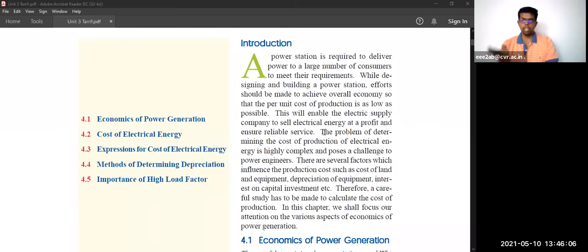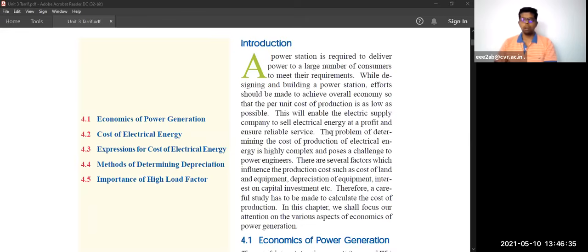Similarly, the electrical generation company will add some profit on whatever amount they spend. With that, they are able to recover the capital cost, running cost, operation cost, everything.